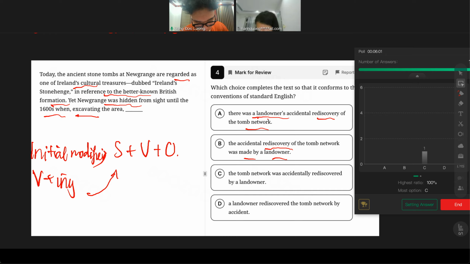Do you get that? According to that principle, can you tell me who excavated the area? Who can possibly excavate the area? The landowner. So the tomb network cannot excavate the area. The only possible answer is D, a landowner.